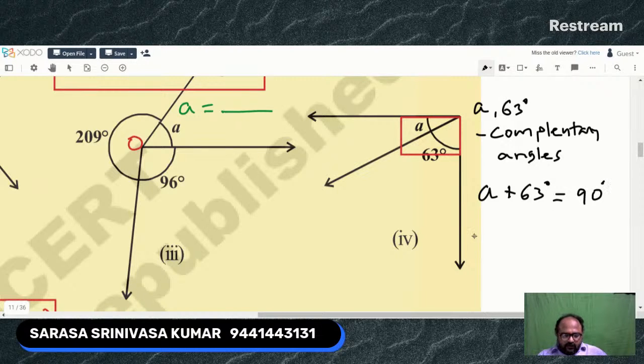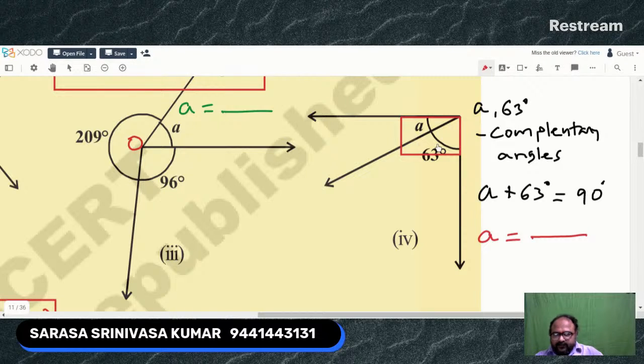Now you have understood how to find A. Can you find angle A? A equals 90 degrees minus 63 degrees. You can find angle A. I am keeping a blank here. Students should practice how to give the reasoning. How can you say that the sum of these two angles is equal to 90 degrees? Here I drew a rectangle so that you can understand that the two angles are complementary angles.